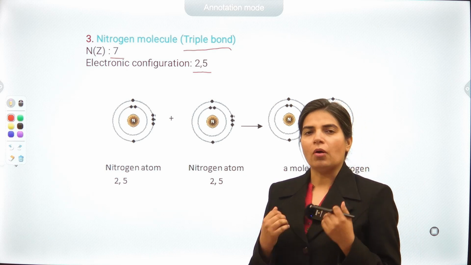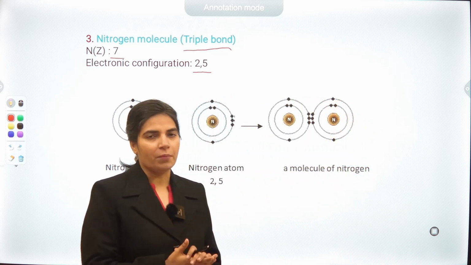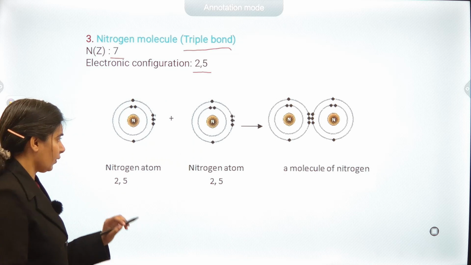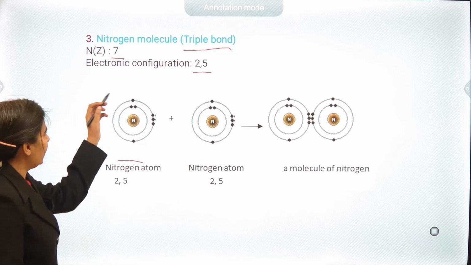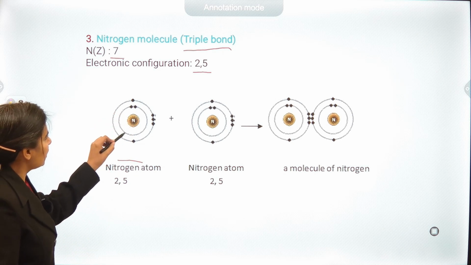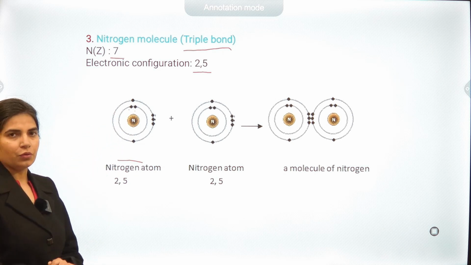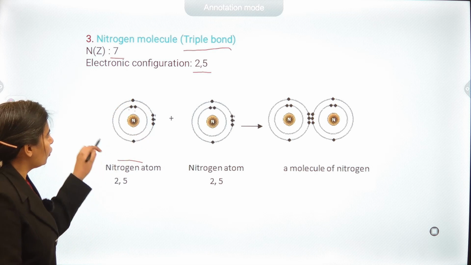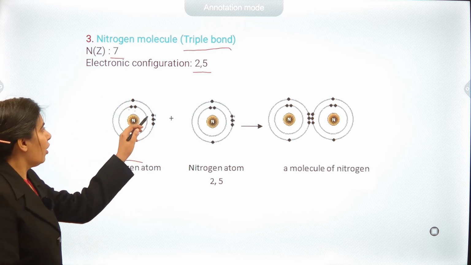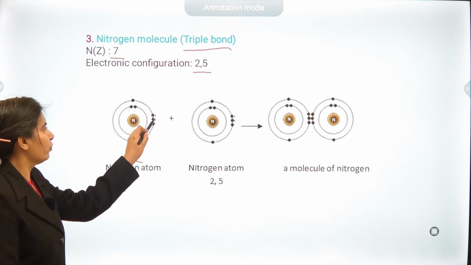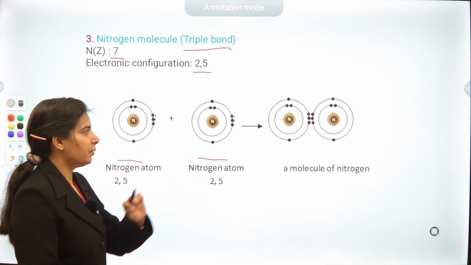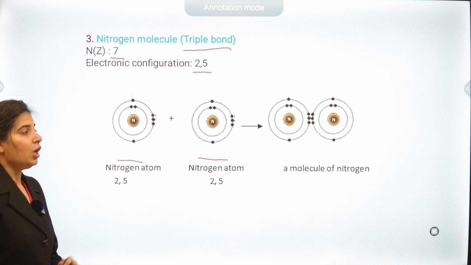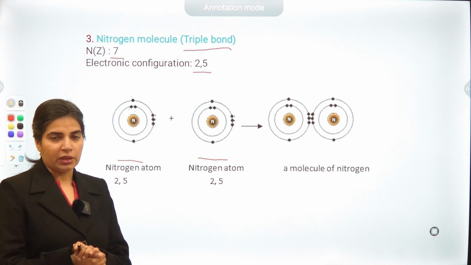Now let's talk about the bonding, how the bonds are forming in case of nitrogen. If I look at the structure of our atom nitrogen, in the inner shell there are 2 electrons and in the outermost shell it is having 5 electrons, 1, 2, 3, 4, 5. And same in case of neighboring atom of nitrogen. So what nitrogen will do?